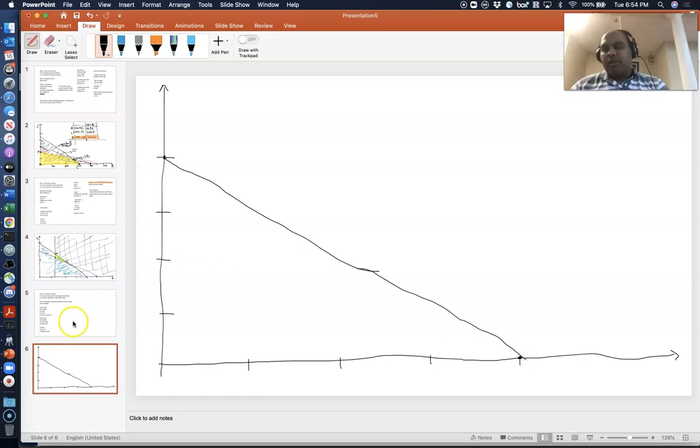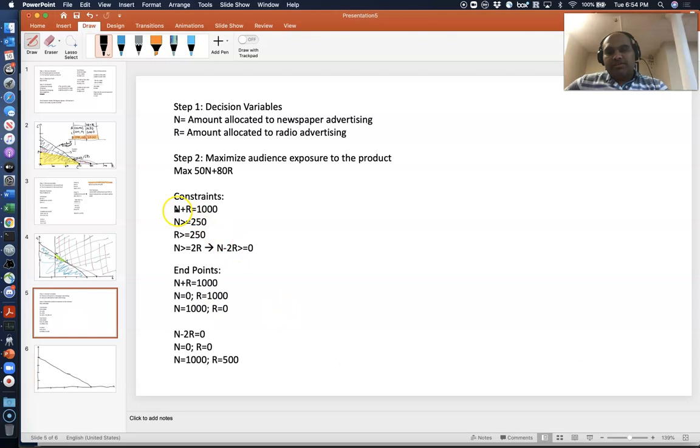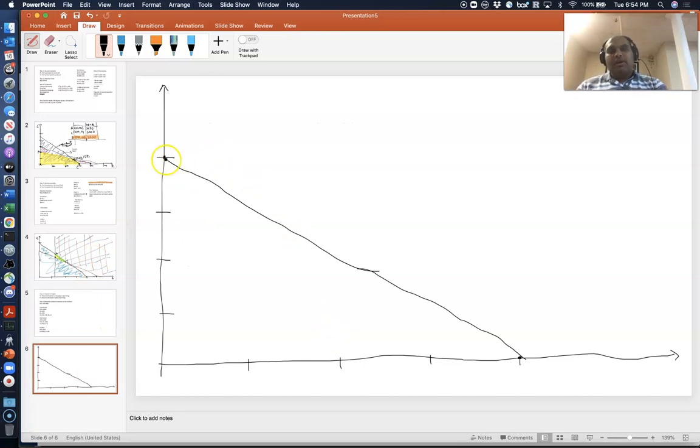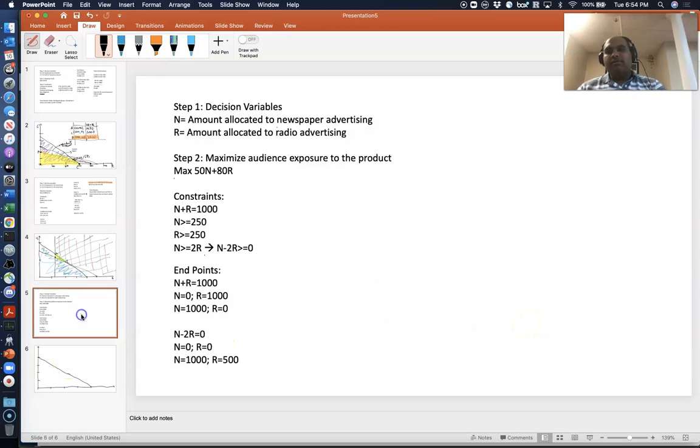Now interestingly, this constraint is n plus r equal to 1000, which means that the feasible region here is just the points on the line. So it's not the points here, it's not the points here, it's just the points on the line itself. So I'm going to leave that alone for the time being. Let's look at the other constraints.